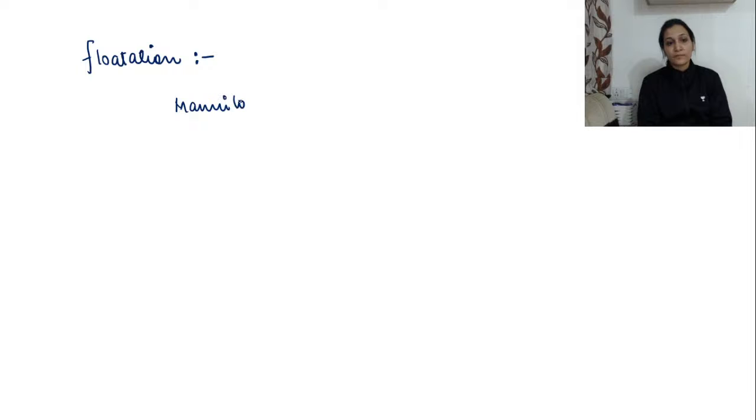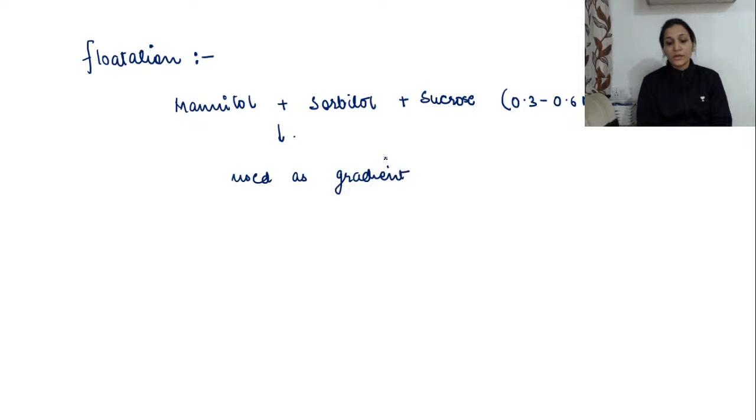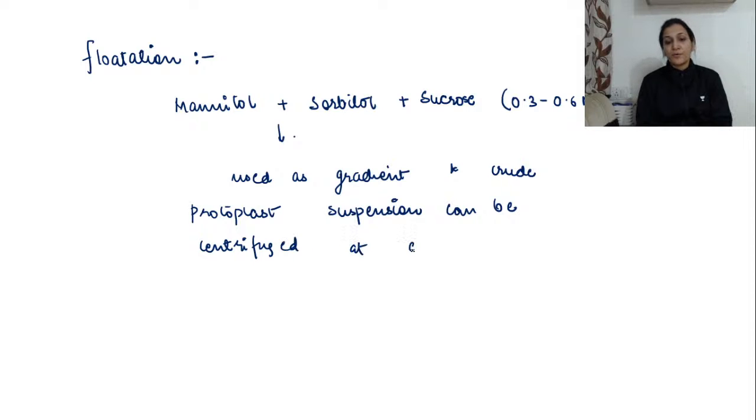Mannitol plus sorbitol plus sucrose, 0.3 to 0.6 molar, used as a gradient, and the crude protoplast suspension can be centrifuged at appropriate speed.